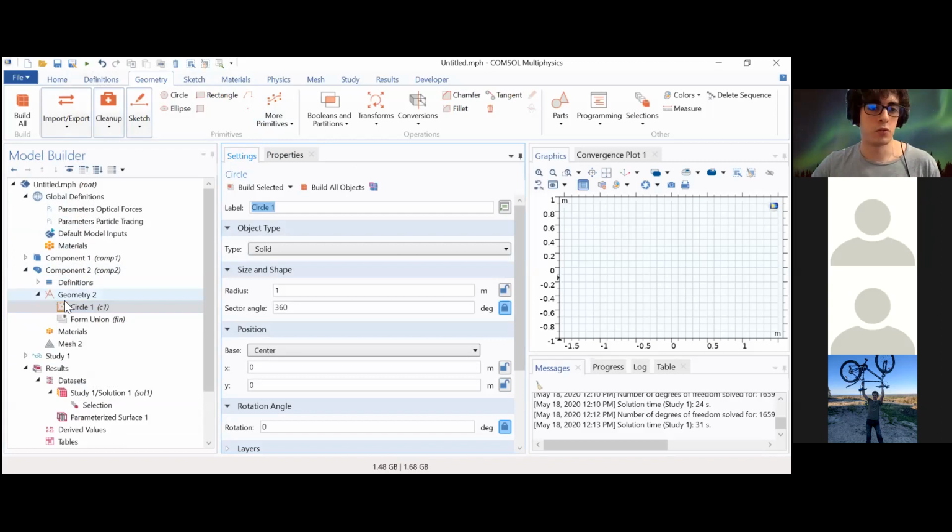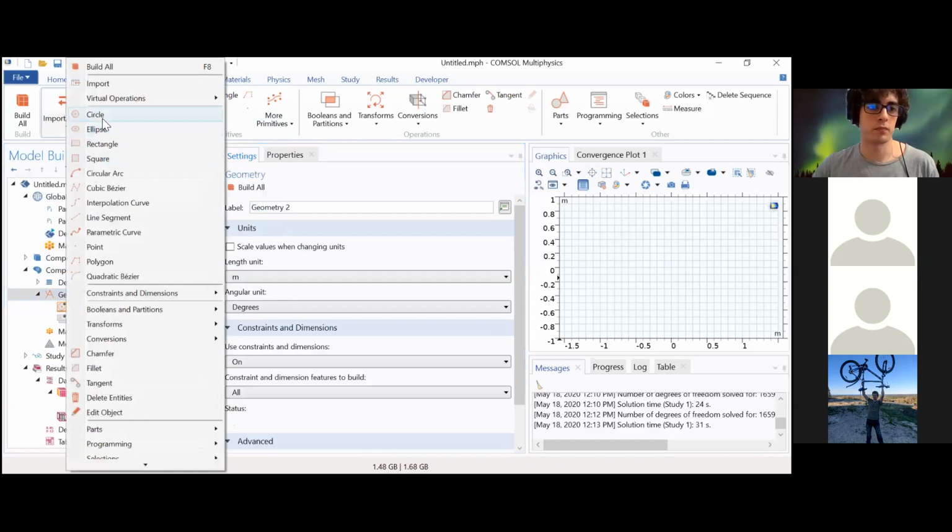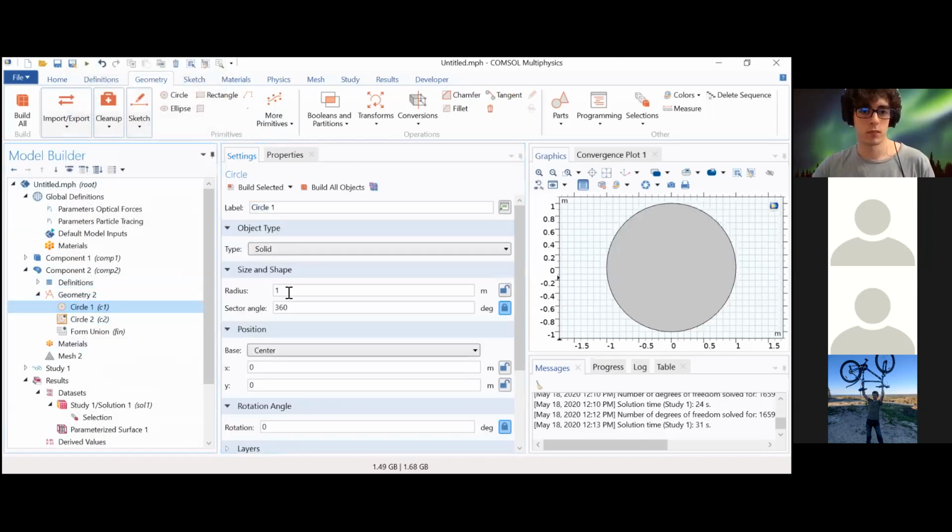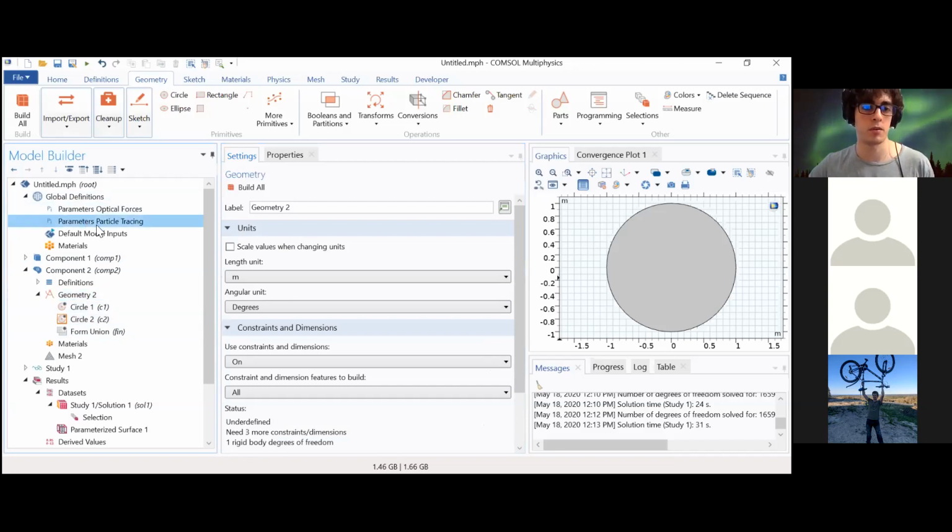I will just build 2 circles. This one will be the environment, which before we said had a radius r. And this one will be your cylinder. But instead of writing the cylinder radius, I will make it slightly bigger. I will show you with this r min that I defined in the parameters.